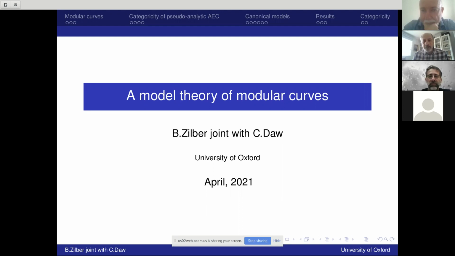And the whole project actually comes from logic, from model theory, and so you will see some emphasis that I'm making on logical motivation for mathematical questions and where it leads.